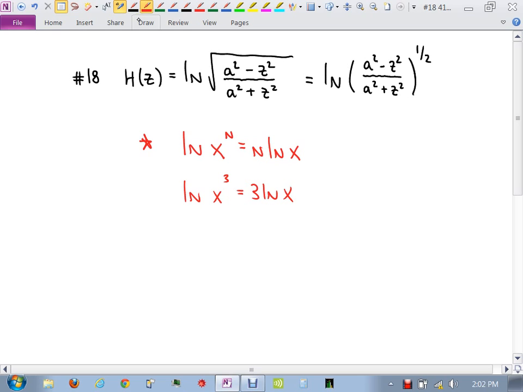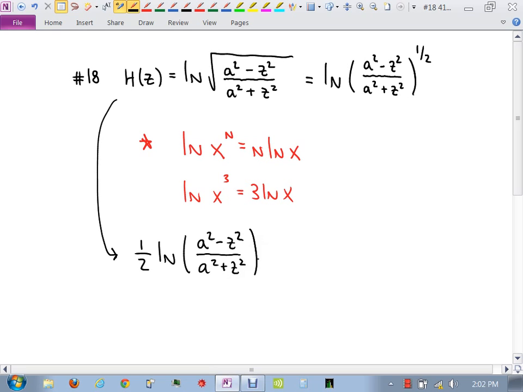Pull it out front. And that's just going to make our differentiation a little bit easier. The 1/2 comes out. Now we have natural log, then we have the quotient rule in the natural log. But do you see that we're not going to have to worry about the square root in our differentiation? It's no longer part of our chain rule. It's really a 1/2 sitting out in front, which is really, really good.